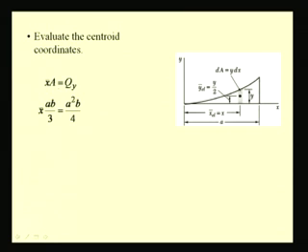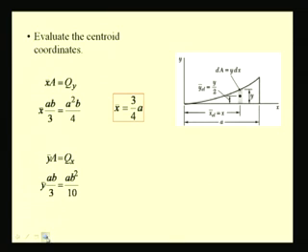So, we have the area as well as the moments found, and so we can find x bar as 3 by 4 a, and similarly we can find y bar as 3 by 10 times b. So, this example illustrated the method of finding the centroids by integration.